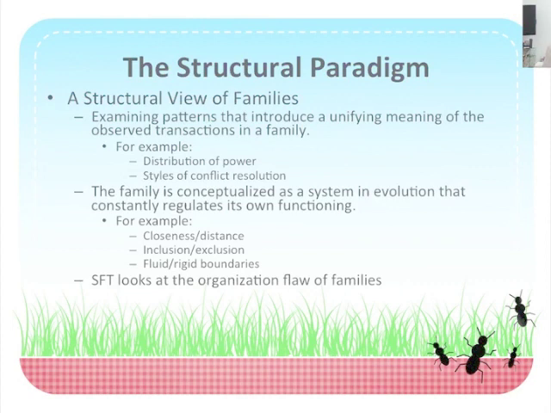For example, he looks at closeness and distance, who's included and who's excluded from interactions. Are the boundaries within the family fluid or rigid? Structural therapy looks at the organizational flaw within the family, whatever it is. It's not about health and dysfunction necessarily. It's about what's working and what isn't working.